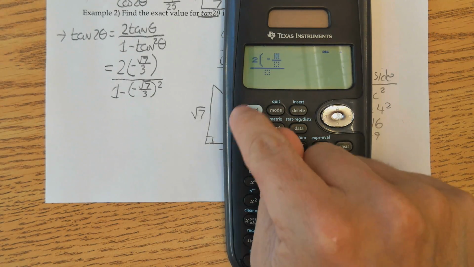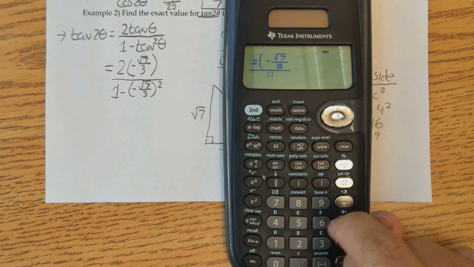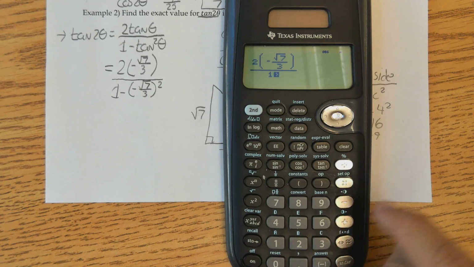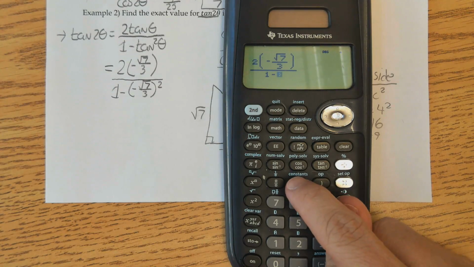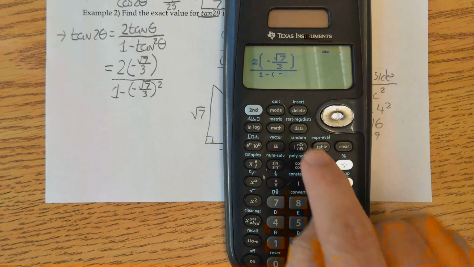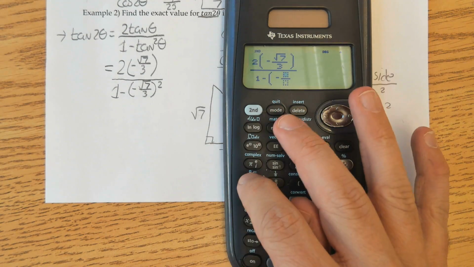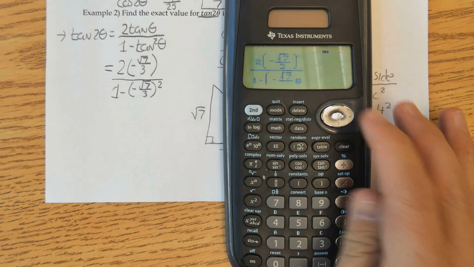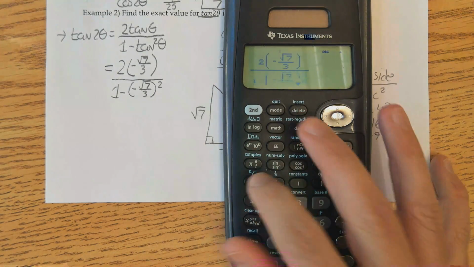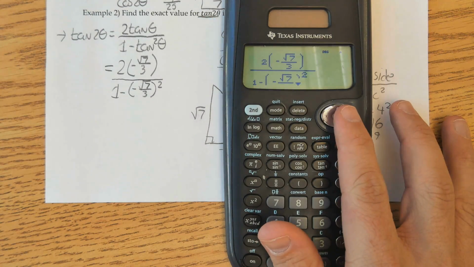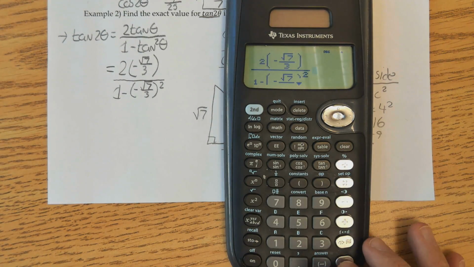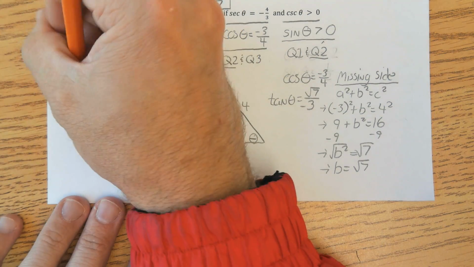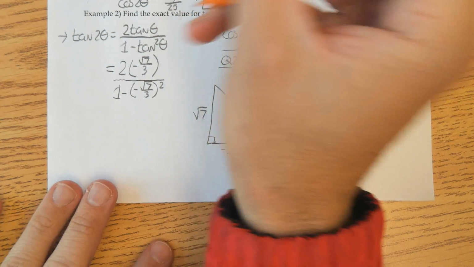So negative sign, root 7 over 3, close parentheses, all over now 1 minus, because that's part of the formula, minus button, parentheses, negative sign, because we're having a negative fraction here, fraction button, root 7 over 3, close parentheses, and then raise that to the second power. And there you go. Now just scroll all the way over, hit enter, and if you did that correctly, you should have gotten negative 3 root 7.